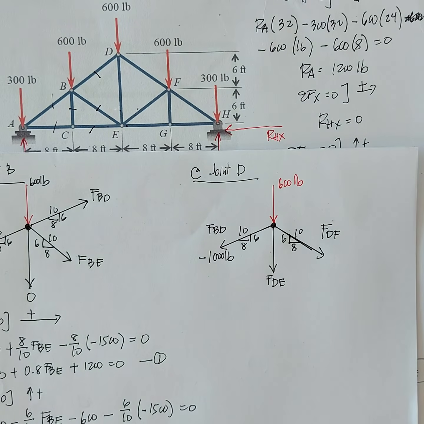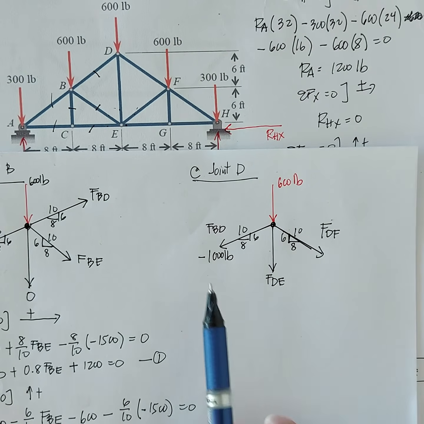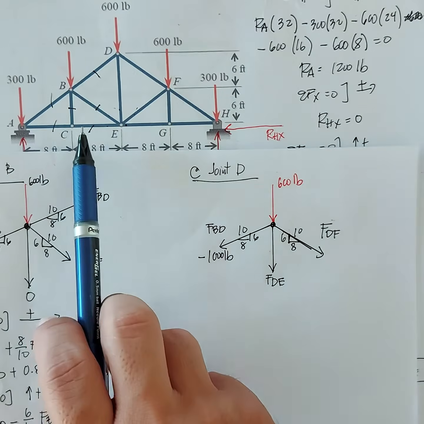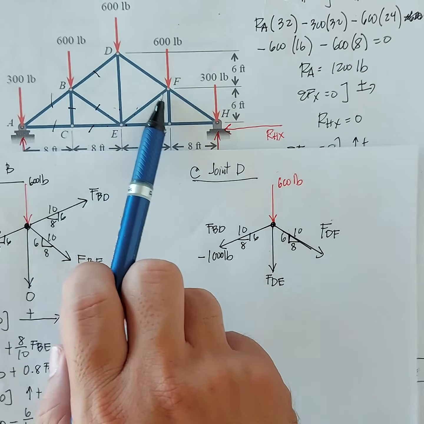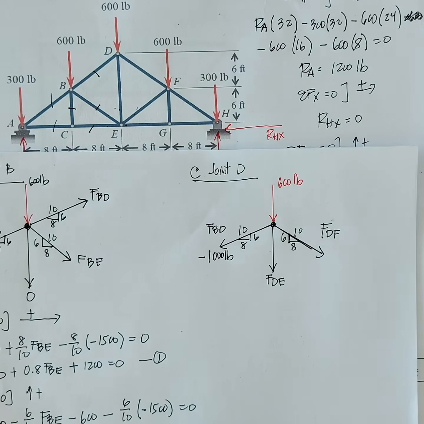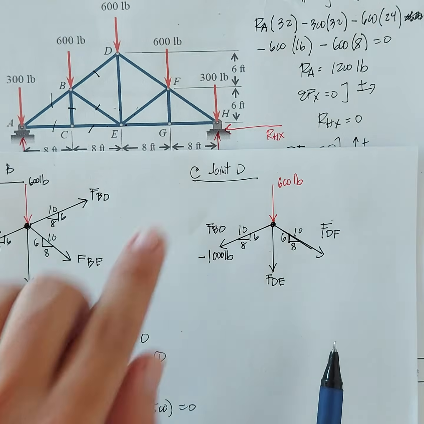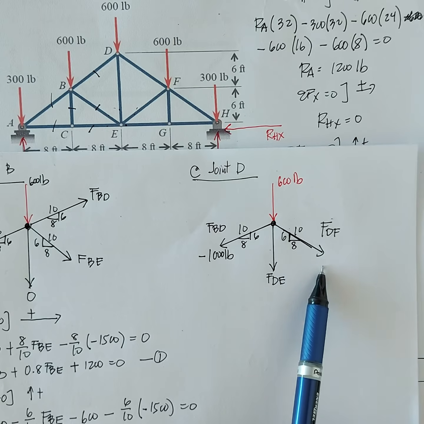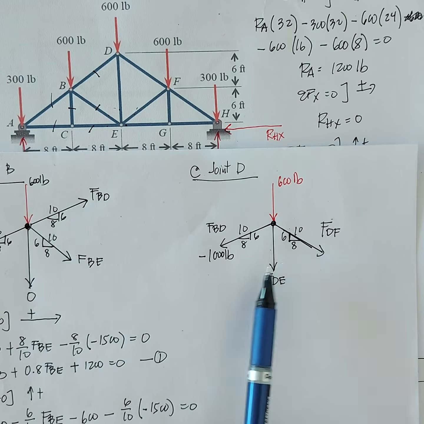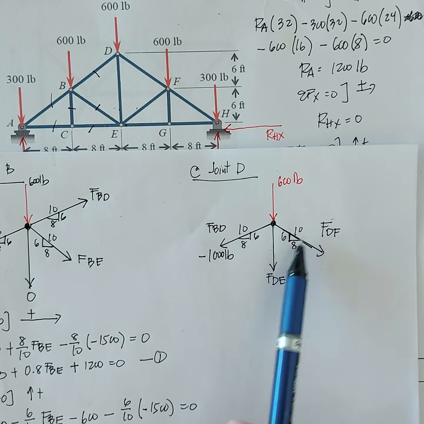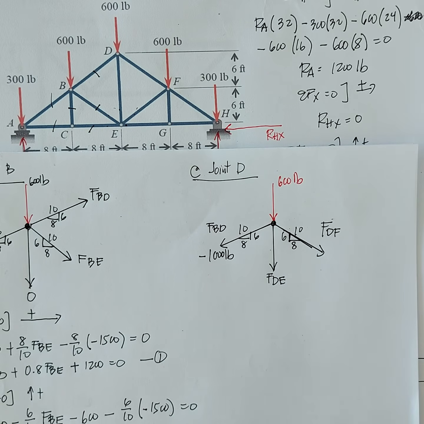Okay. Although symmetrical, FBD is also equal to FDF. No? Parehas lang yan. But let's see. Halimbawa, hindi pa natin alam yung FDF. Alam naman natin ito. We have two unknowns here. So we can solve for FDF actually by summating forces along the horizontal axis.